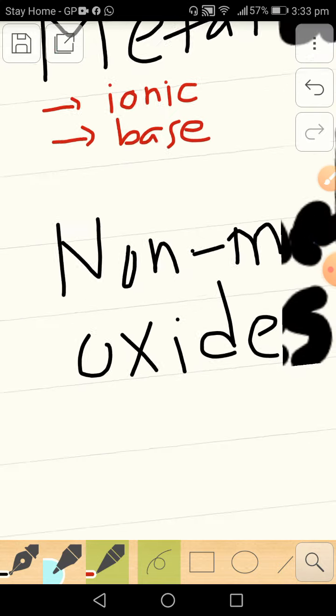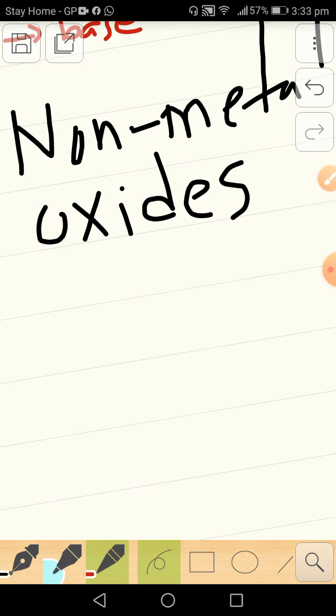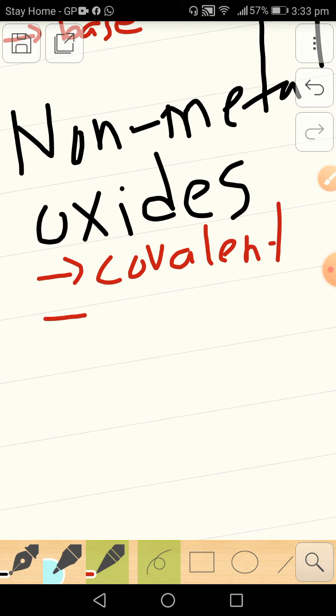Exceptions we will talk about later. And we have non-metal oxides, which are all covalent, that means they have all covalent bonds within them, and they are all acidic. That means they would react with bases, and you know that acids react with bases.